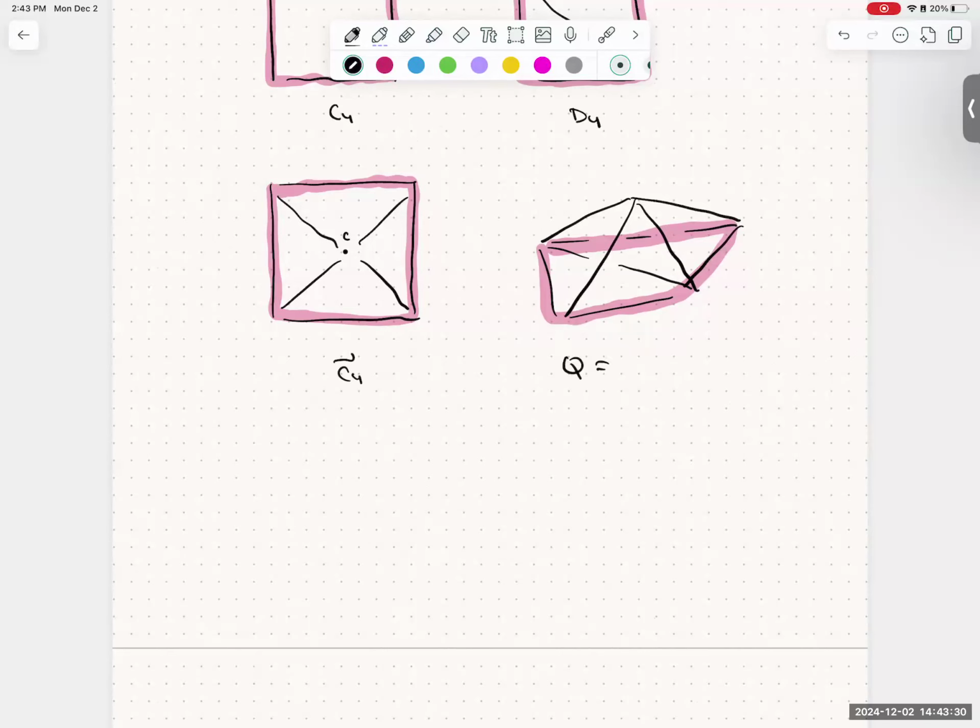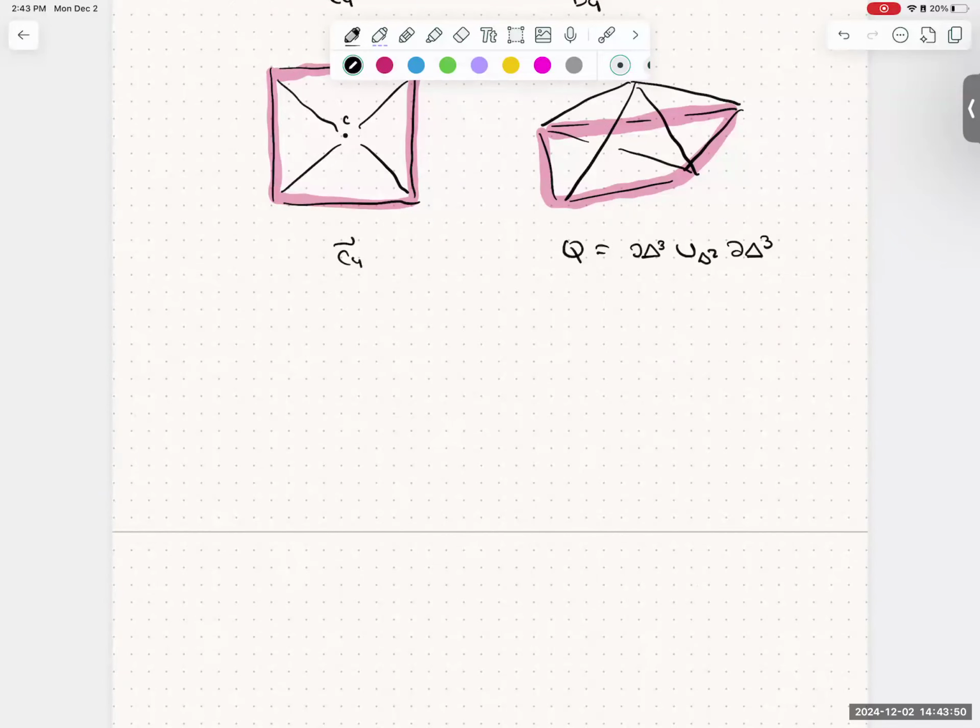is actually the union of two boundaries of delta 3 glued along a 2 simplex. Maybe use this. Boundary of delta 3. I mentioned previously that the boundary of delta 3 is non-contextual when we deal with Z mod 2.